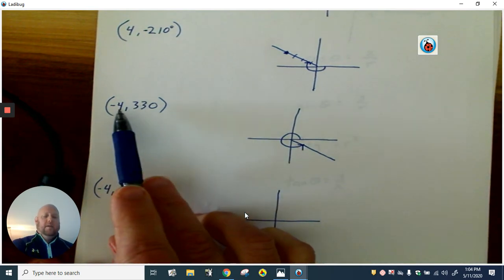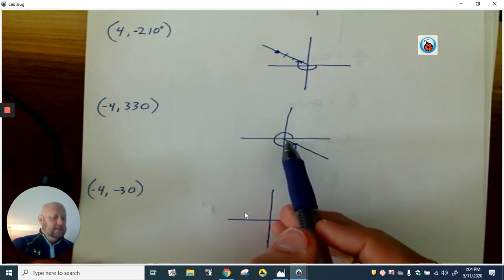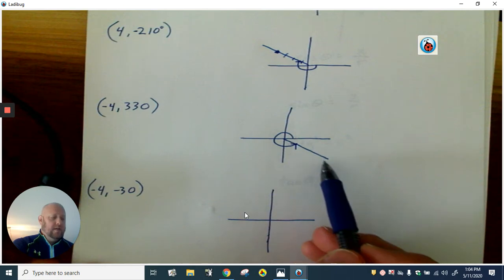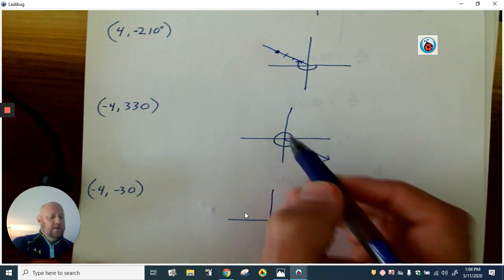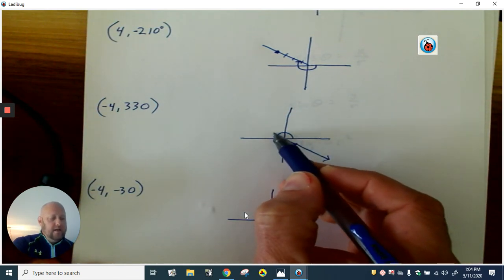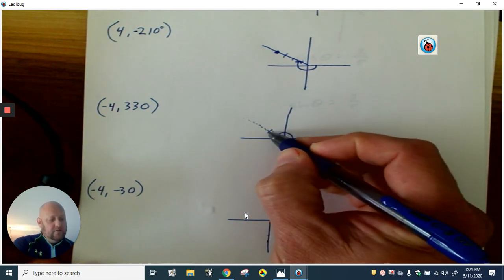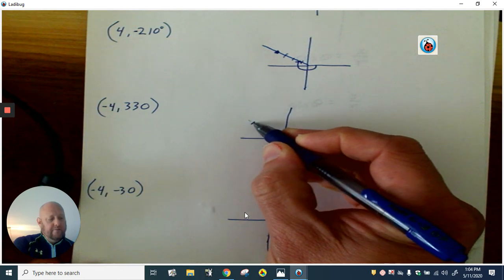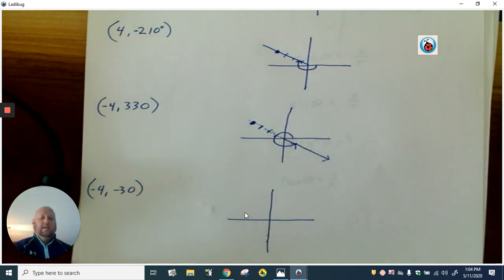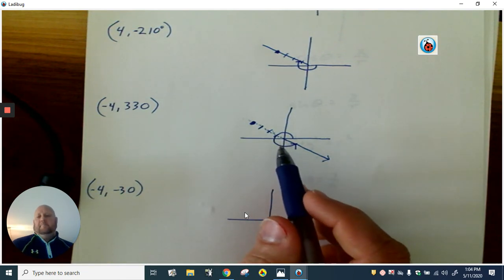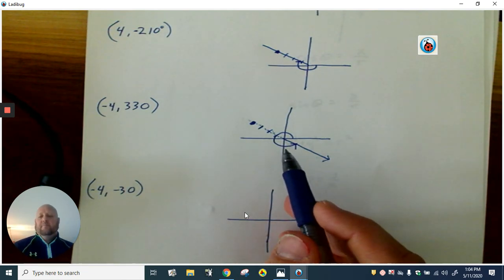But because we put a negative radius, instead of going 4 in that direction, we actually extend the line backwards and we go 1, 2, 3, 4 in the opposite direction. Think of it like flying in reverse, right?